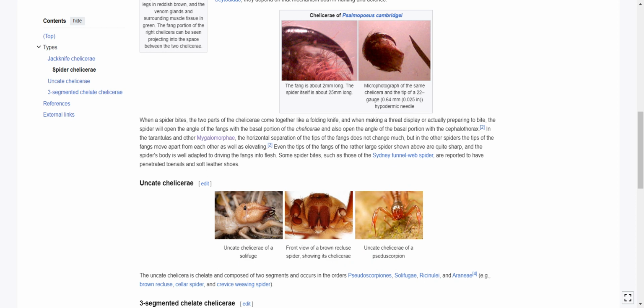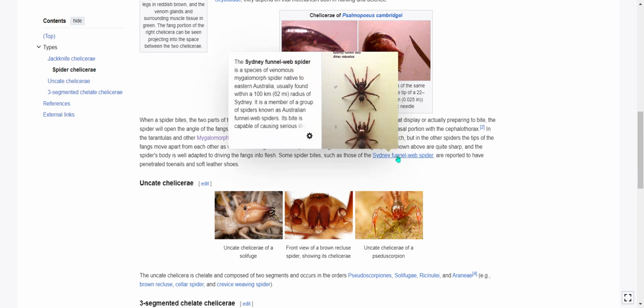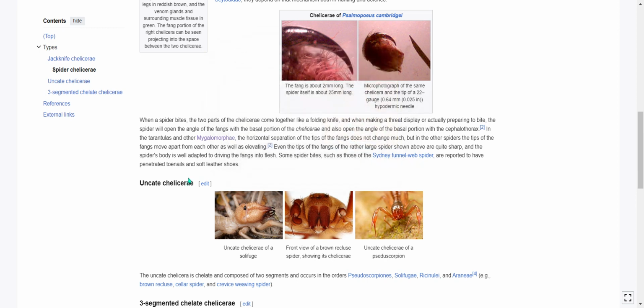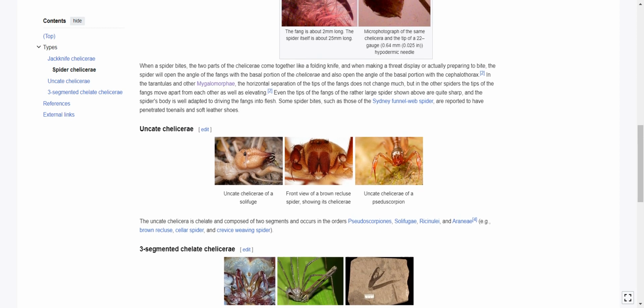I was reading that as the spider bite contains penetrated toenails and soft leather shoes, which made no sense to me. Okay, some spider bites, like from the Sydney funnel web spider, have reportedly gone through toenails and shoes. Well, that's a sucker.